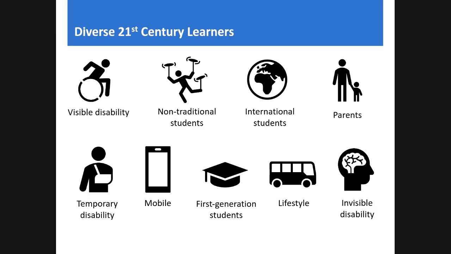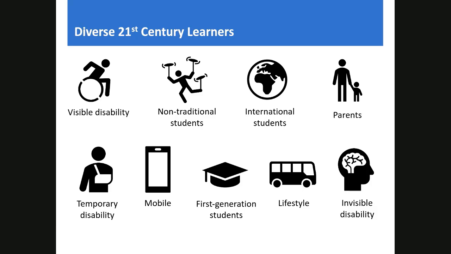In terms of some of the populations that we're seeing grow at education institutions, we're seeing a lot more students that maybe have visible disabilities. This could be a student who is maybe blind, deaf, or hard of hearing, maybe has a mobility disability, and is using some sort of assistive device.